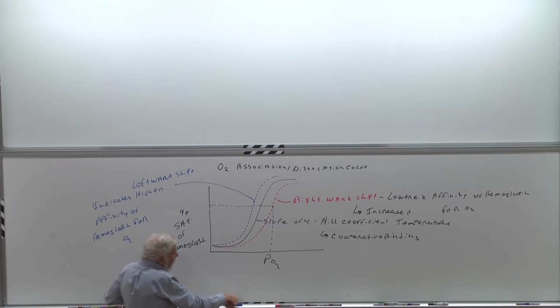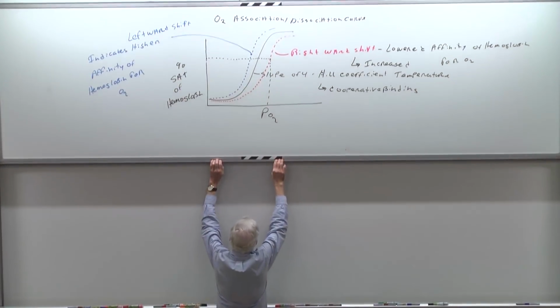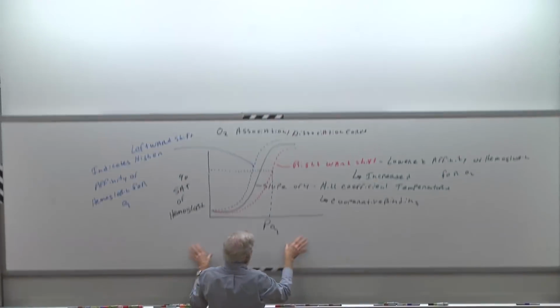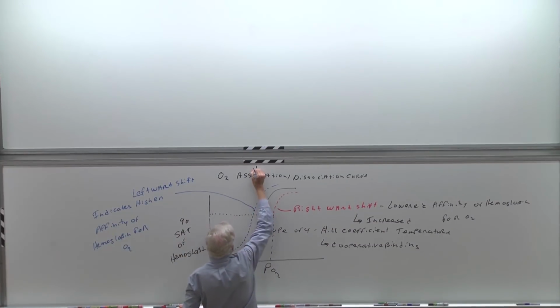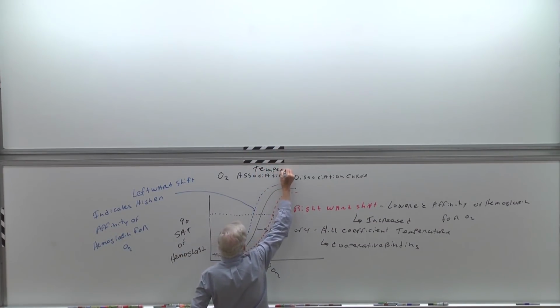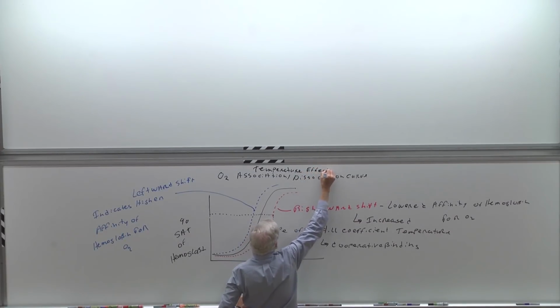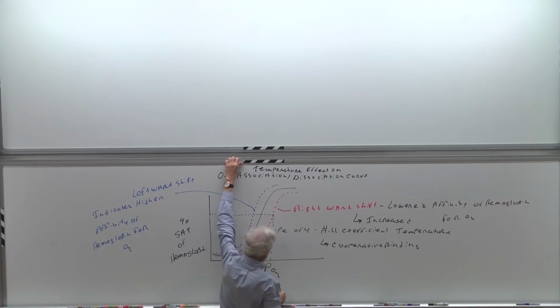We're going to see here, and I may as well draw this in a separate curve, that there's another way. Let's label this as temperature effect on oxygen dissociation or association curves.